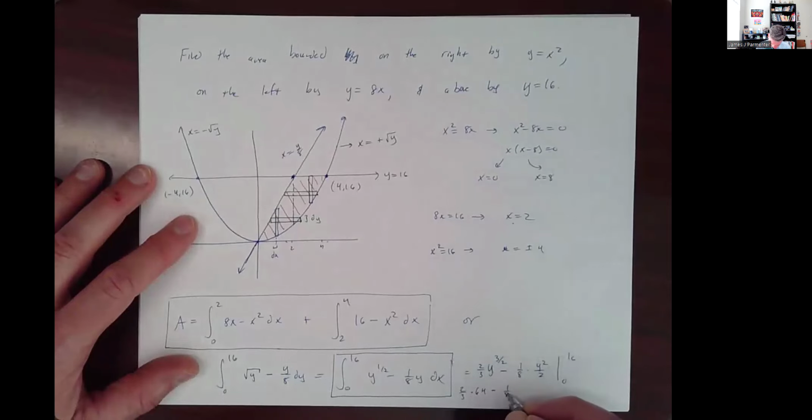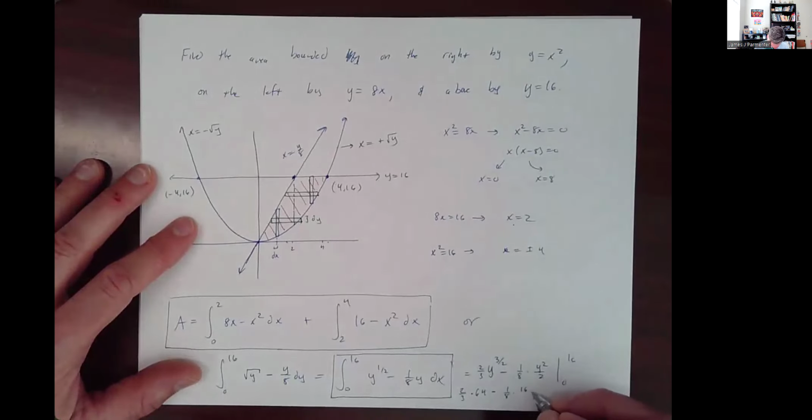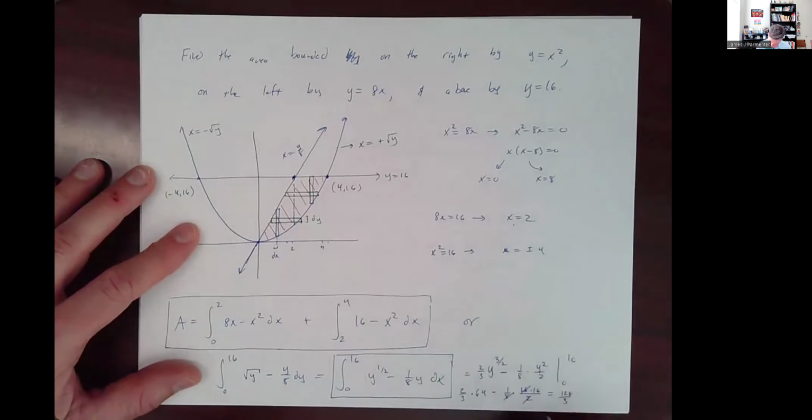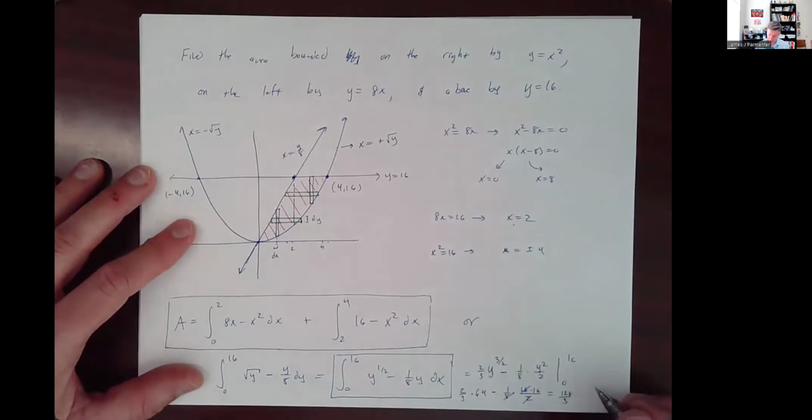Minus 1/8 times 16 squared, which I'll write as 16 times 16 over 2. So that's 16 divided by 8 times 2, which is 16 divided by 16, so 16. So I end up with 2 times 64 over 3, which is 128 over 3, minus 16. If I multiply 16 by 3 over 3, that's 48 over 3. And subtracting, you get 80 over 3.